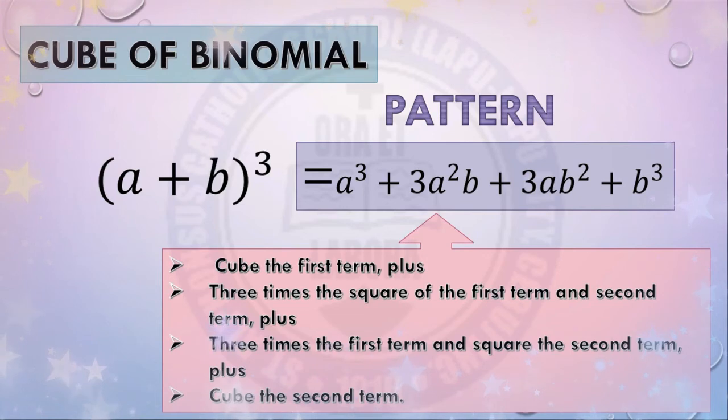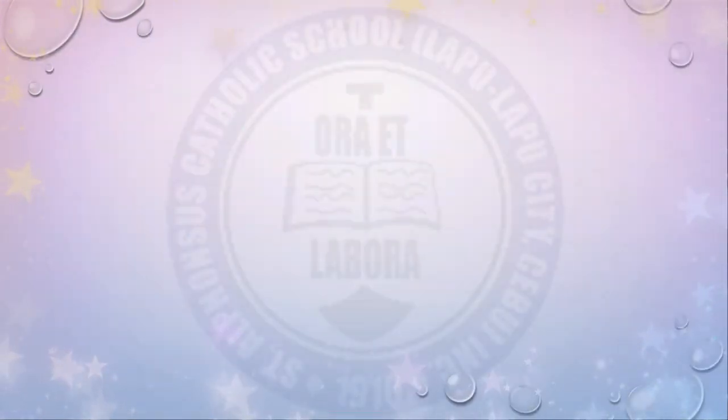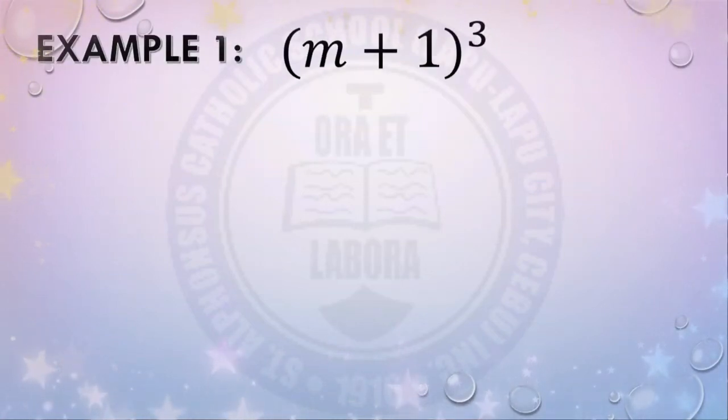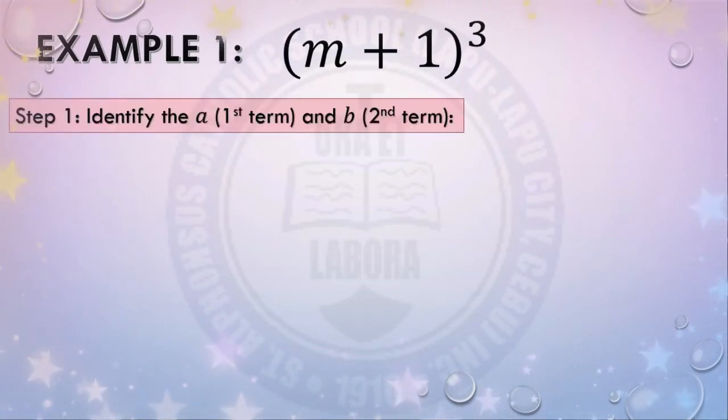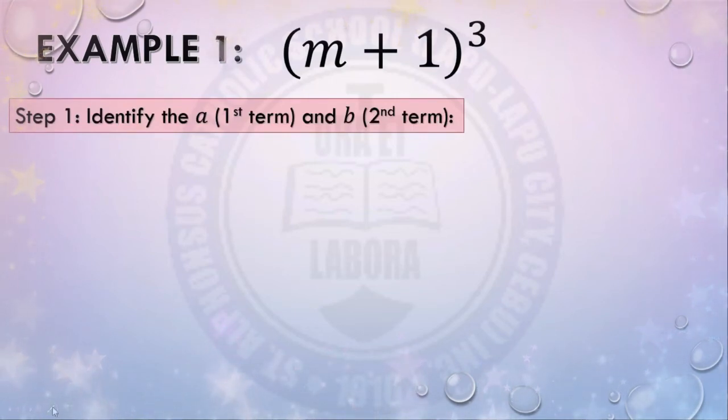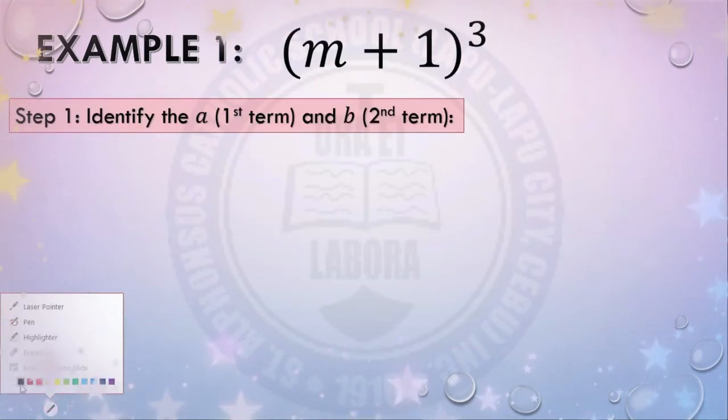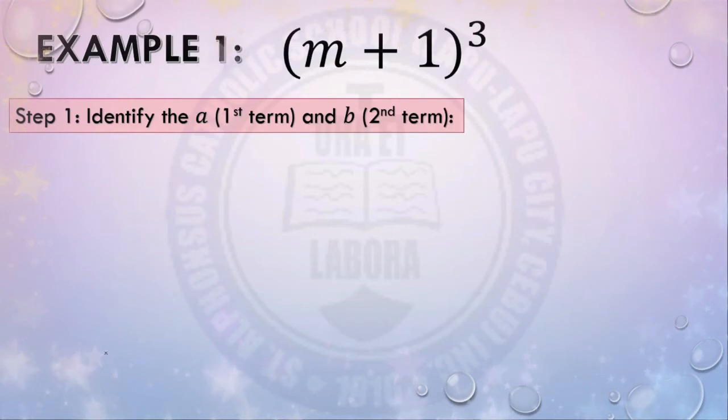So, for you to better understand this topic, let's have examples. Example number 1. m plus 1 cubed. The very first step that you're going to do, you first identify the first term and the second term. What do you think is the first term? And what do you think is the second term?